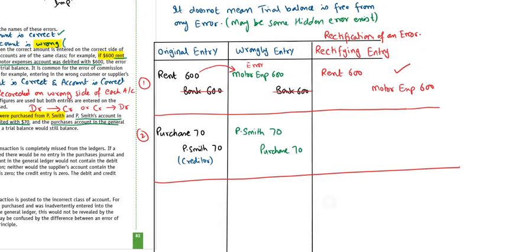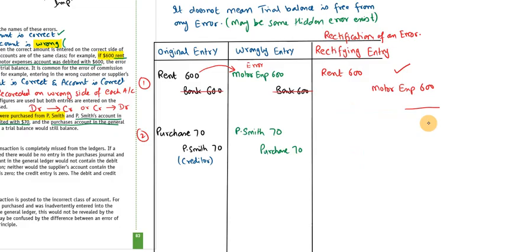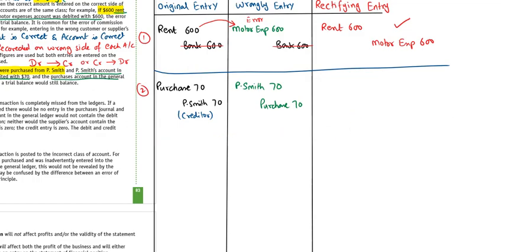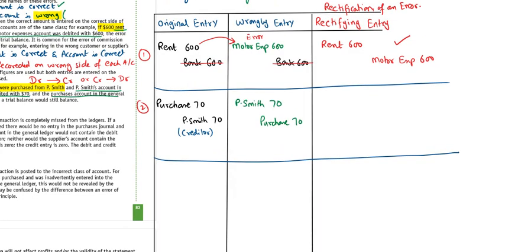The rectifying entry is this. So here is the rectifying entry. First of all, we have to follow the original entry. Originally purchases was debit, so we debit the purchases by 70.